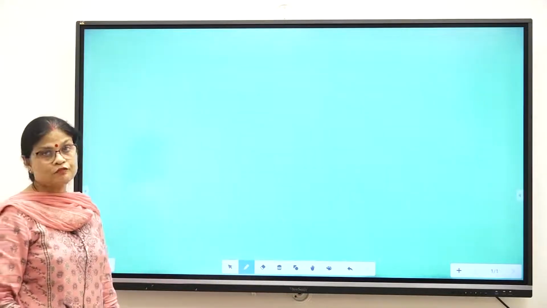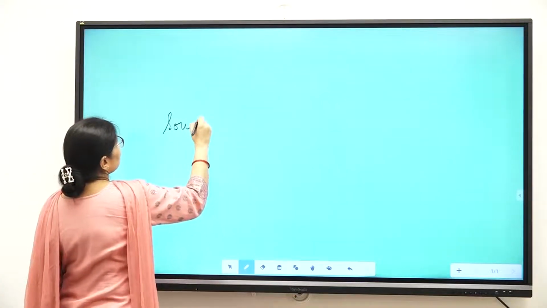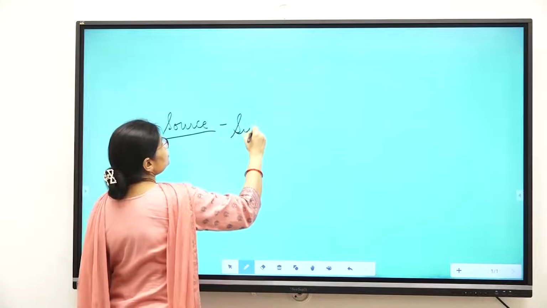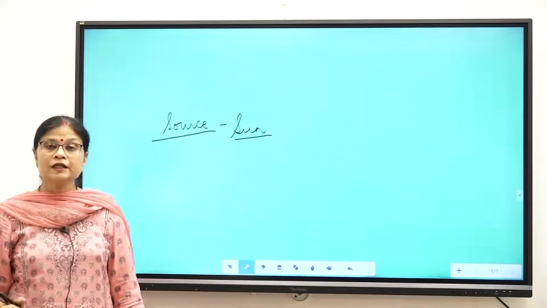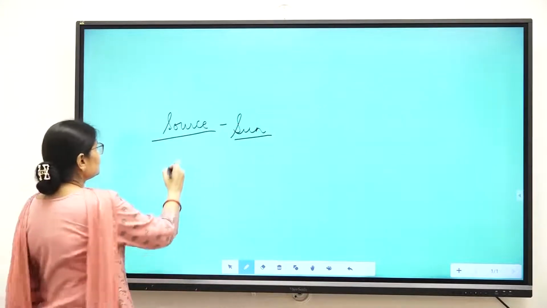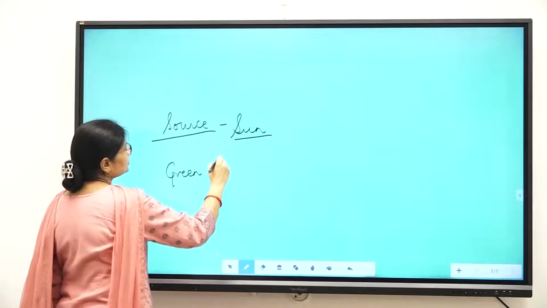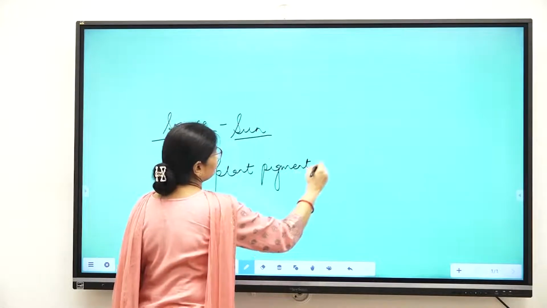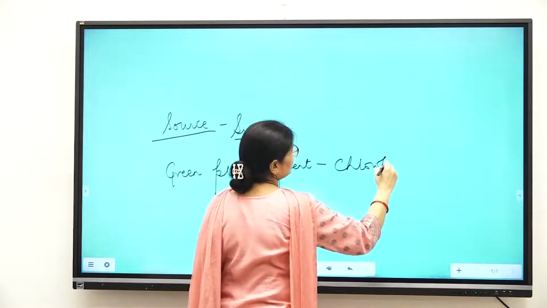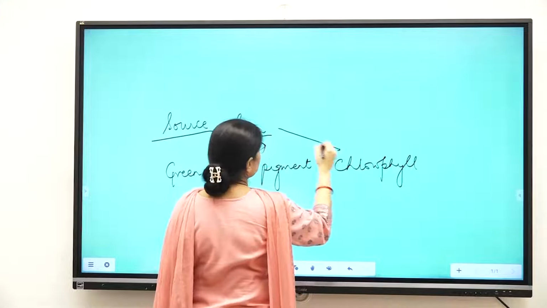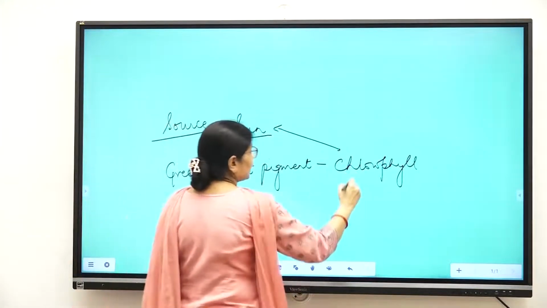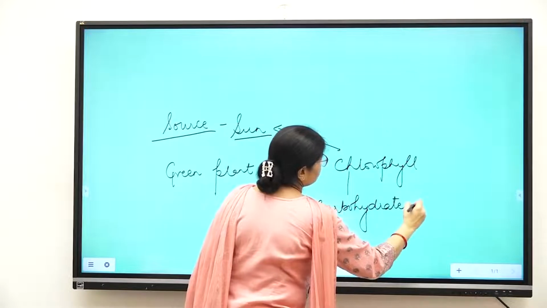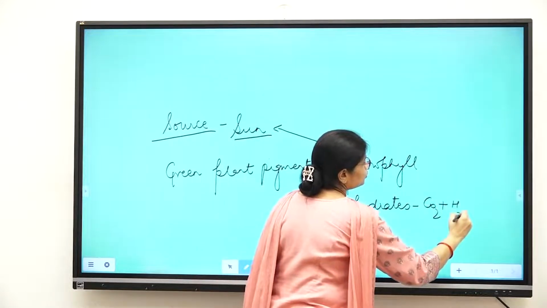Now, we come to the source of energy. The sun is the original source of energy, because in the presence of sunlight and the green plant pigment which we know as chlorophyll, plants synthesize carbohydrates from carbon dioxide and water.